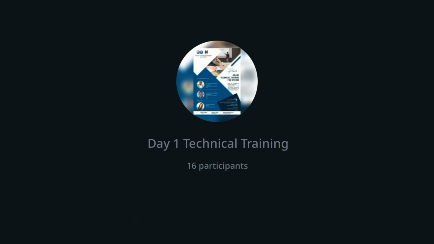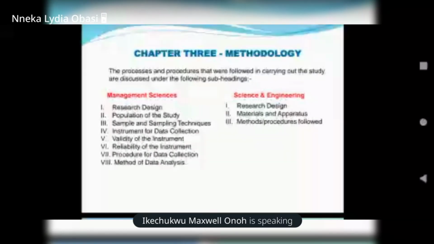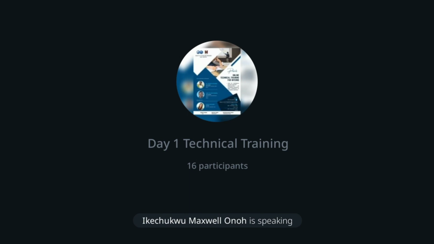But for management sciences, data collection comes from questionnaires. They prepare questionnaires and give them to individuals to answer. They can also get data from interviewing people, or from journals, directories, diaries, and so on.